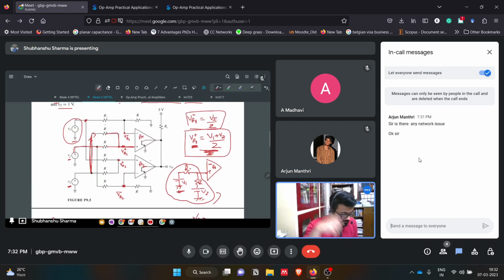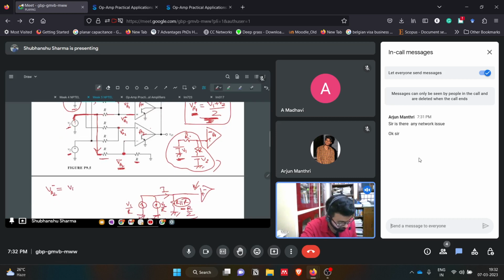I'll just clear the other things for clarity. So we are talking about this VA2 minus. This voltage is being fed from this V1 voltage. Again we have two resistances, so it will be divided by 2. So it will be V1 by 2.